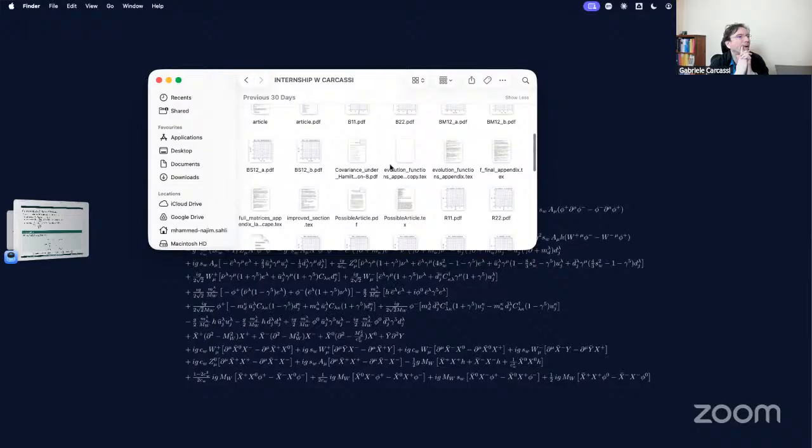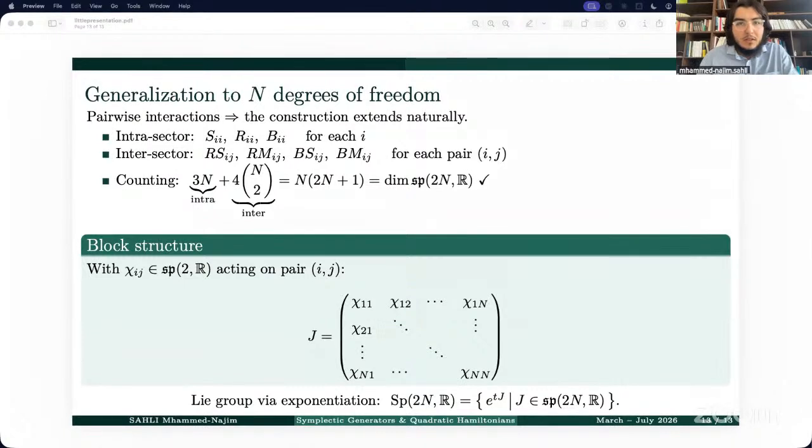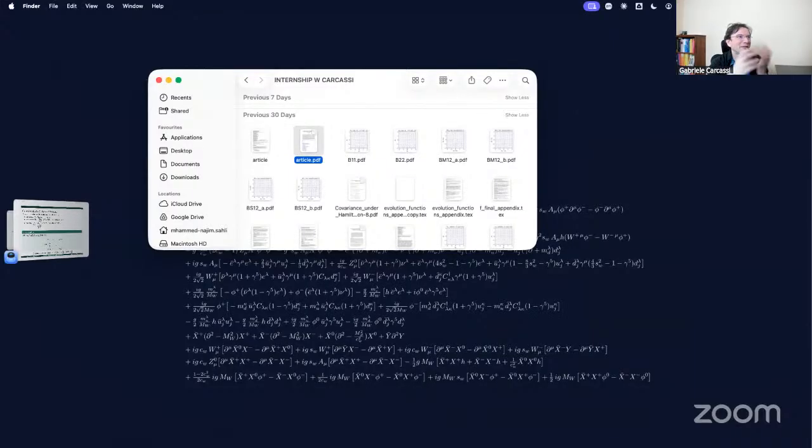Maybe this one, because I have too much PDF. Okay, is it there? No. I may face some problem to show those graphs, sorry. So why don't you stop sharing, fix everything, and then you start sharing?